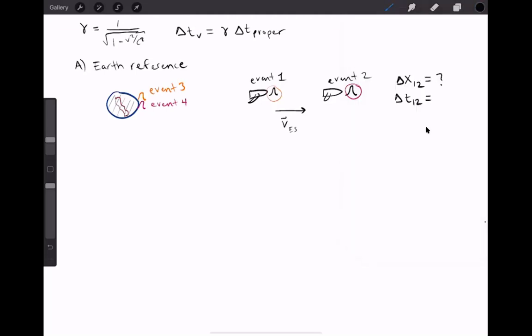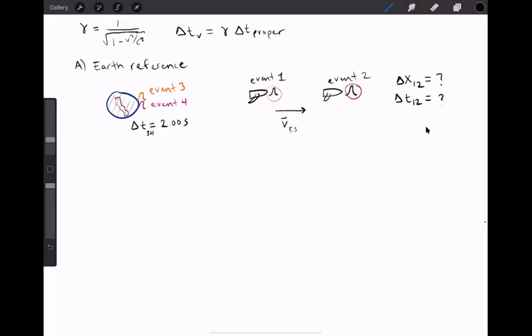Does that make sense to everybody? So in the Earth reference frame, how much time passed between event 3 and event 4? Is that 2 seconds? That's the 2 seconds.